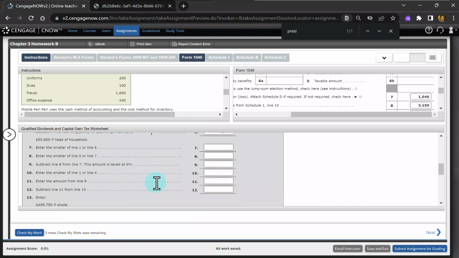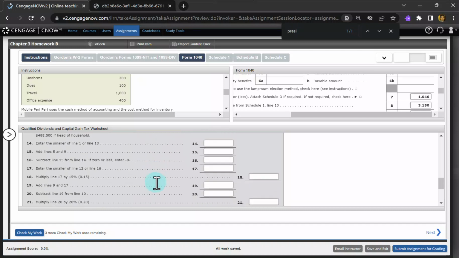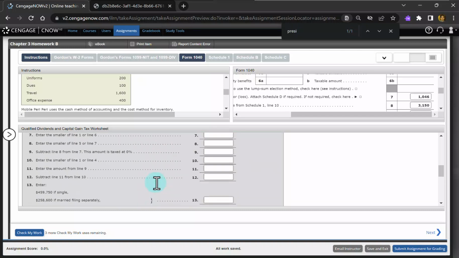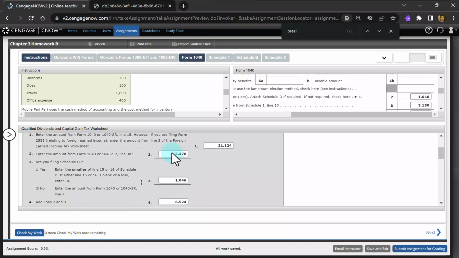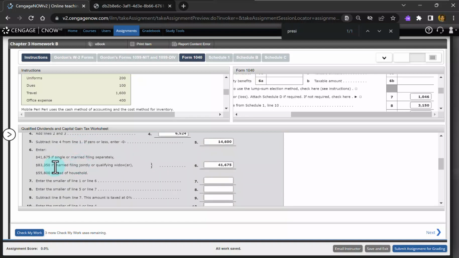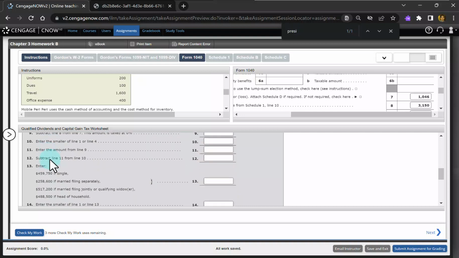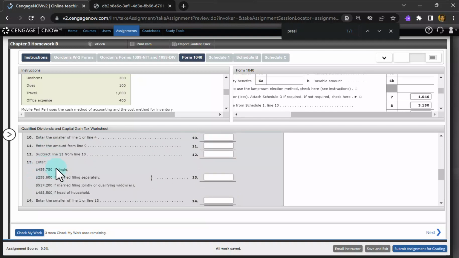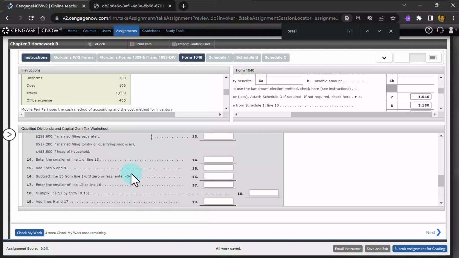Now the rest of the lines here is just making sure that the qualified dividends and capital gains don't get you over this 41,675, where part of that type of income will be taxed at zero and part of it at 15. Or here, if your income just takes you over this amount, then part of the qualified dividend and capital gain is taxed at 15 and part of it at 20. That's why you have a lot of lines here.